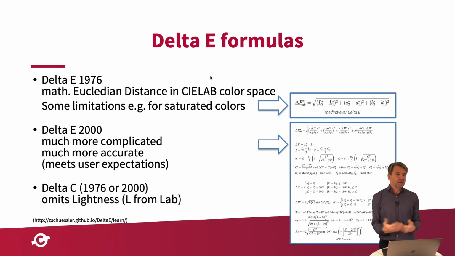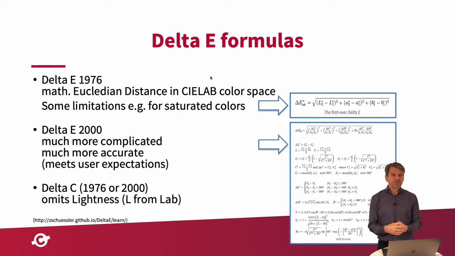So in fact, what I want to say here, there is a better algorithm, and the community agrees that this is better, and that is called delta E 2000, because apparently it was published in 2000, and that much better meets user expectations. So for now, and for my life, and probably for many of yours at least, it's sufficient to say delta E 2000 is better.